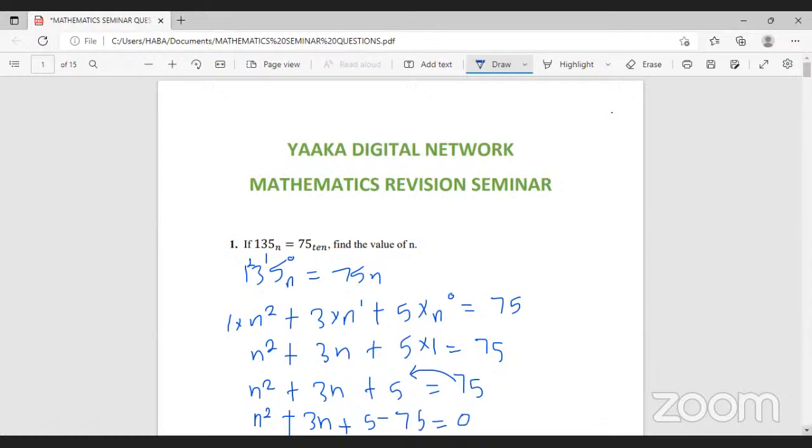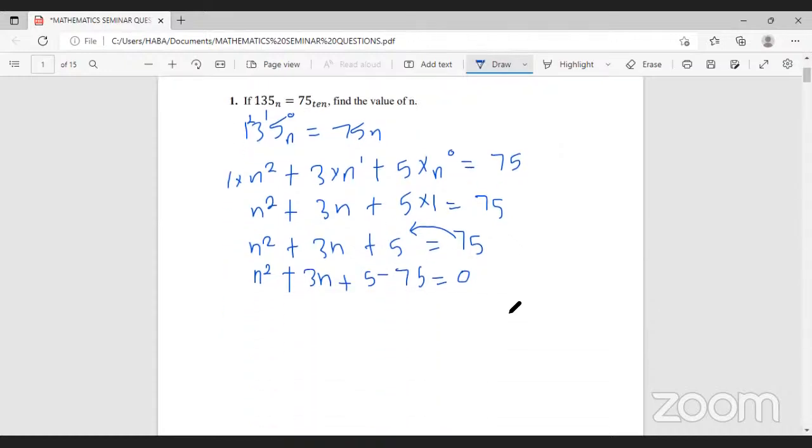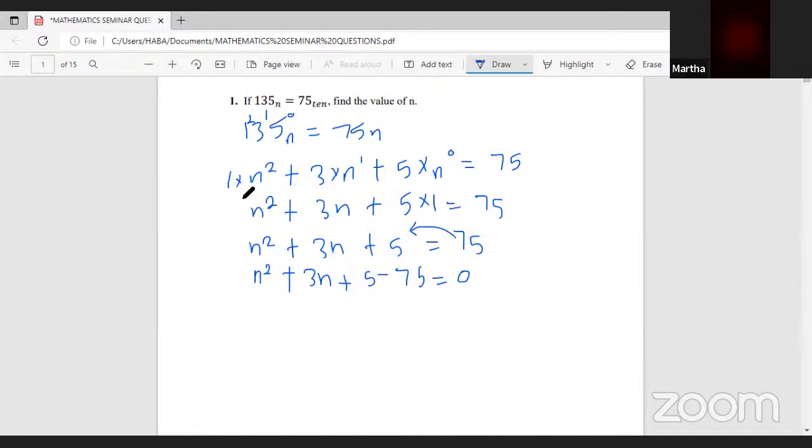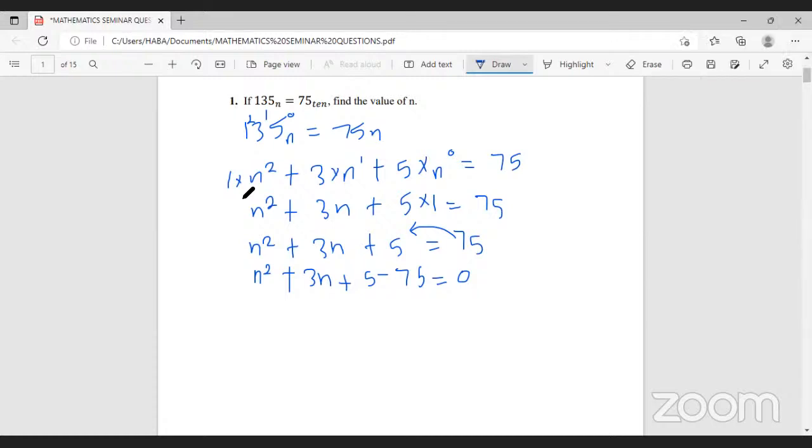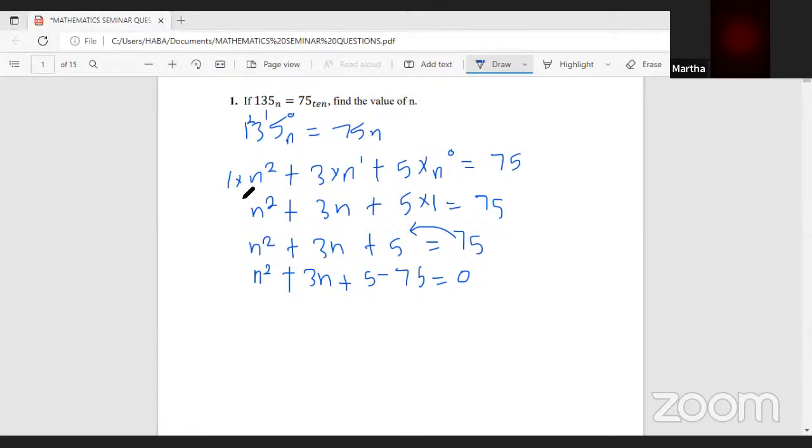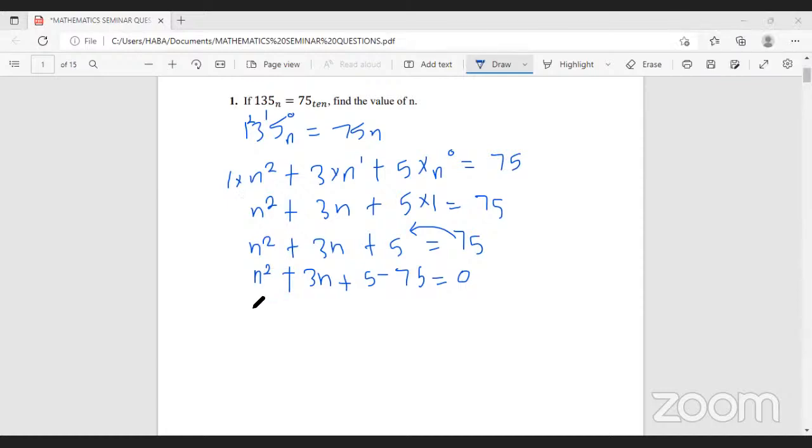So what is 5 minus 75? Negative 70, thank you.